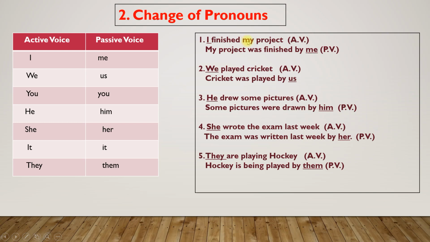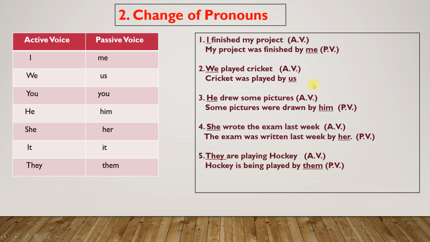I finished my project in active voice, right? My project finished, past tense, so we should use the past singular be form. My project was finished by me. Yes, I becomes me. Okay, so this is the formula.